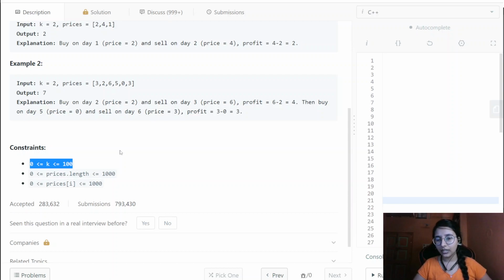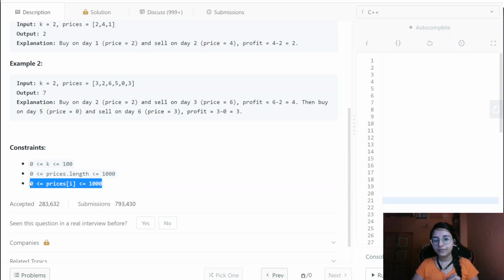In that scenario, our answer would be directly 0, because we would be at the initial state only. The prices length is at most 1000, so basically 1000 stocks are given for our transactions, and price would be at max 1000. So this is the whole scenario for this particular question, and these were the constraints.